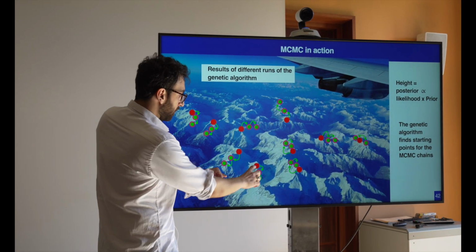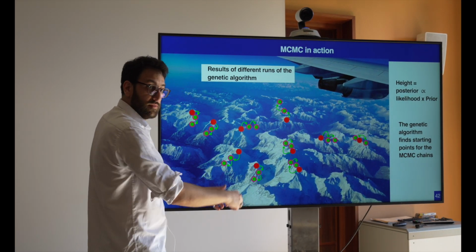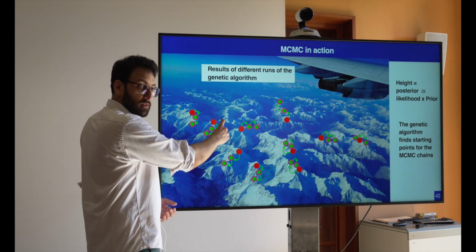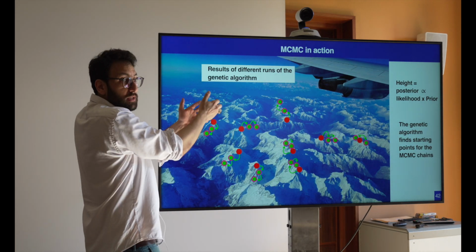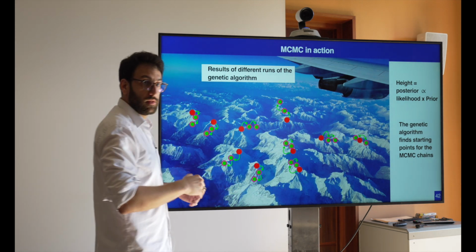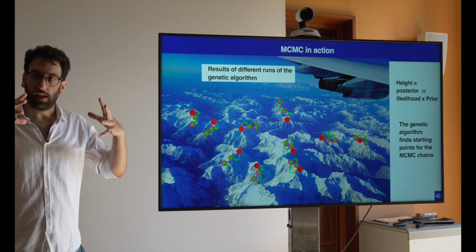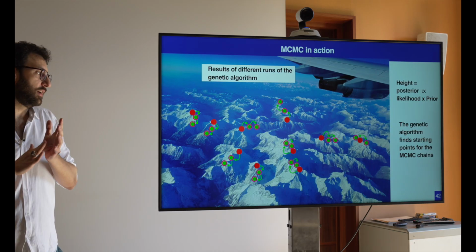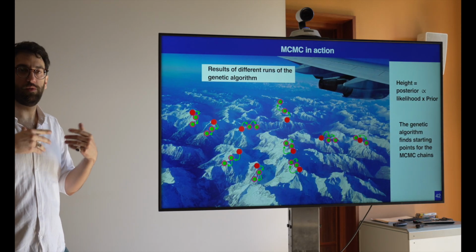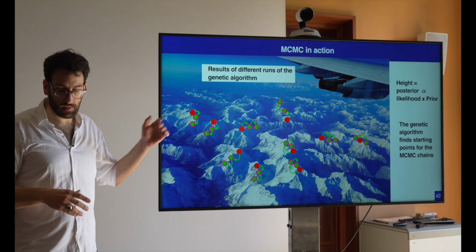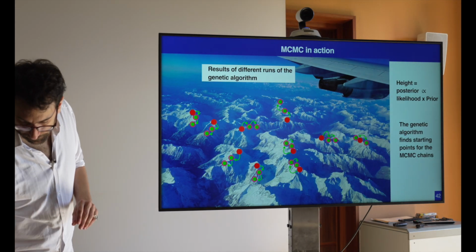So you don't want the samples of this chain to have the same weight as the samples in this chain, because it's still more likely to be in there than in there. Combinations like this exist in the statistical literature, but we found a way to combine them in the context of AstroGeoFit.